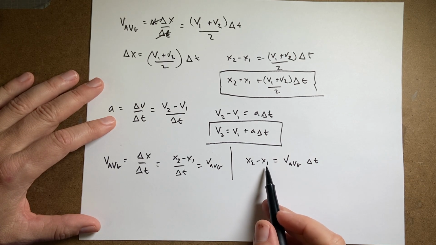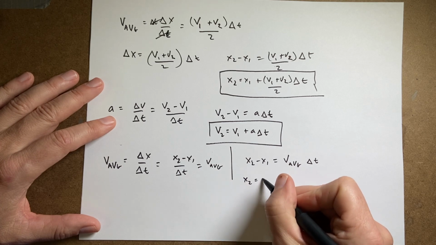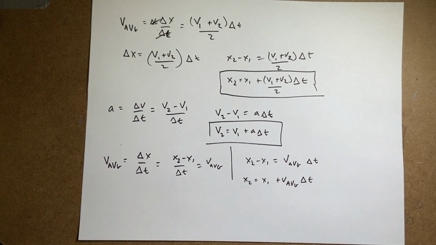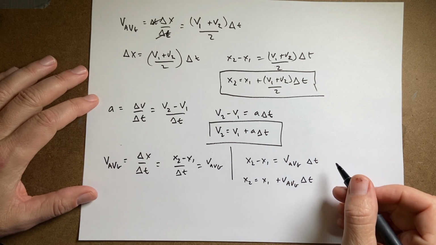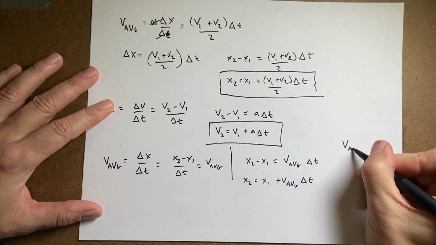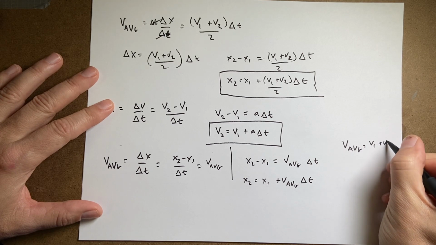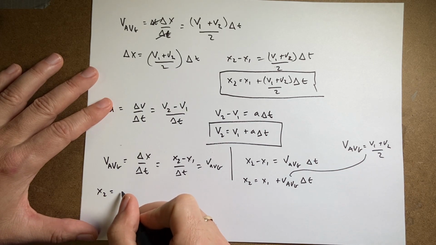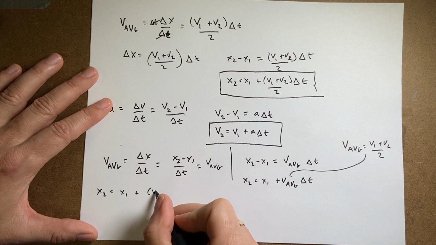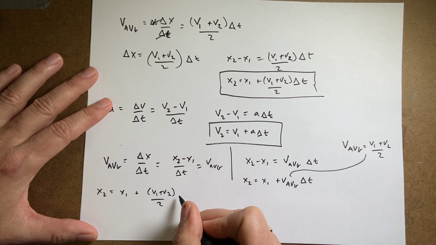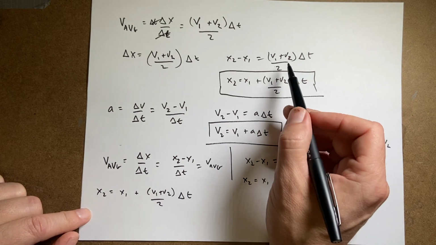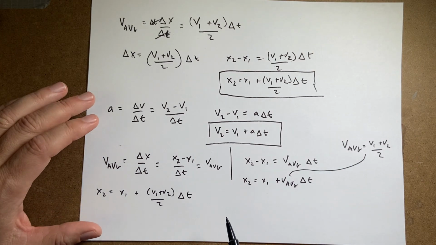Now I'm going to add x1 to both sides, and I get x2 equals x1 plus v average delta t. Okay, the next thing I'm going to do is to use my definition of average velocity. V average is v1 plus v2 over 2, and I'm going to put that in right there. So this gives me x2 equals x1 plus v1 plus v2 over 2 times delta t. Now, this isn't completely useless. It's actually what I already have up here, but I rederived it. I wasn't thinking.